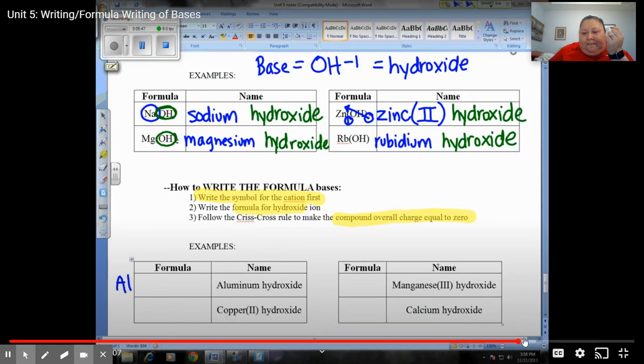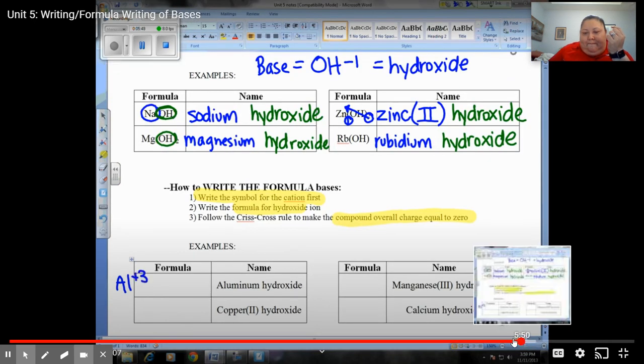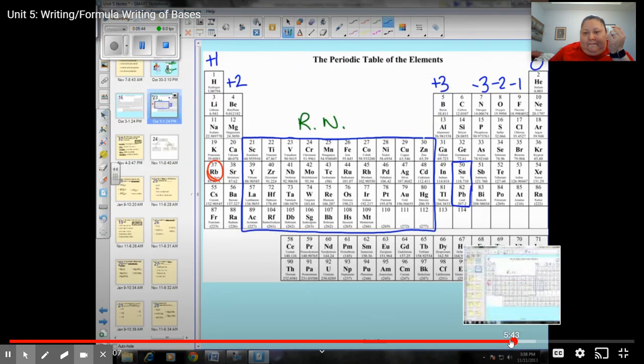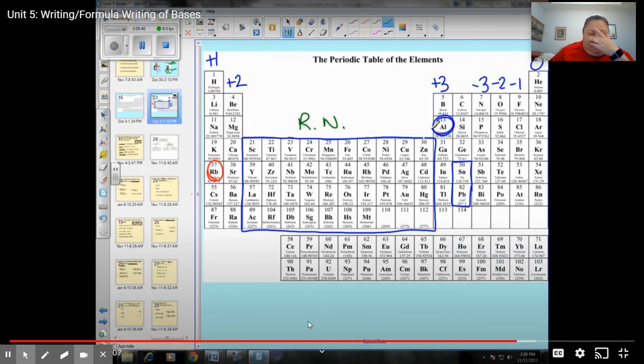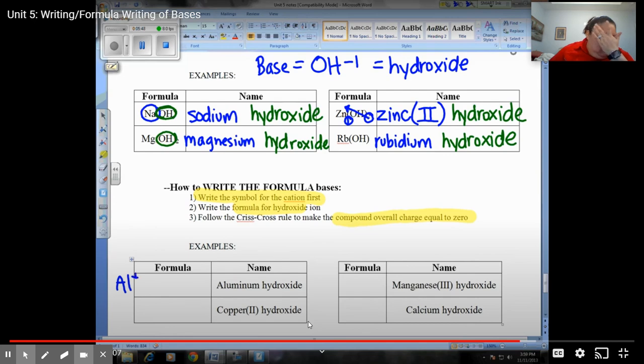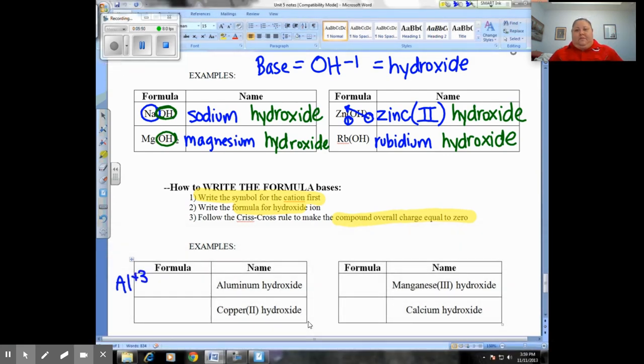So I'm going to write that down. So aluminum has a +3 charge, so I'm going to write that down. Hydroxide, that's that OH -1, and I'm going to put OH in parentheses, the -1 outside.